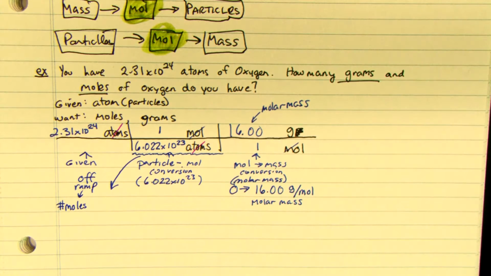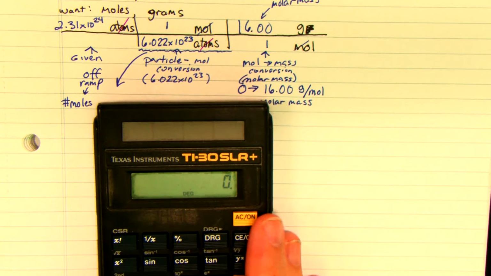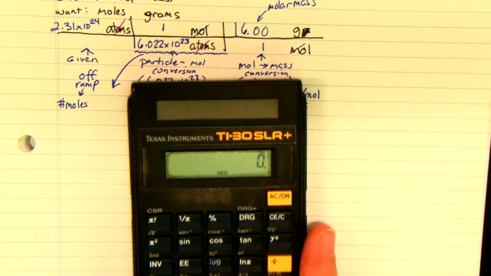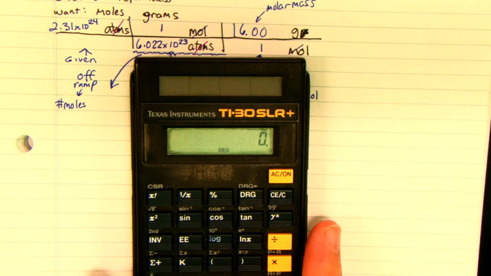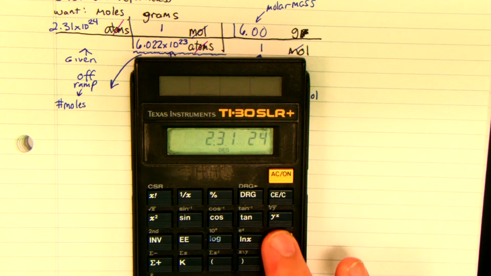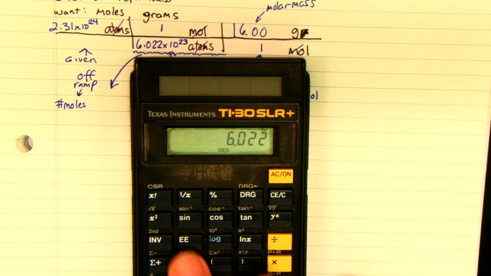So if we do the calculations, 2.31 times 10 to the 24th, then I'm going to divide that by 6.022 EE23. That's going to give me 3.8359 times 10 to the 0. And that's going to give me the number of moles.